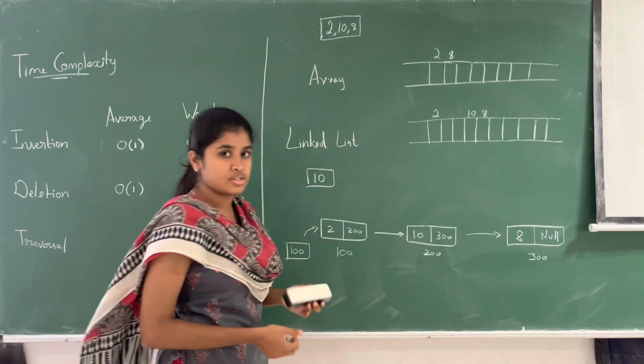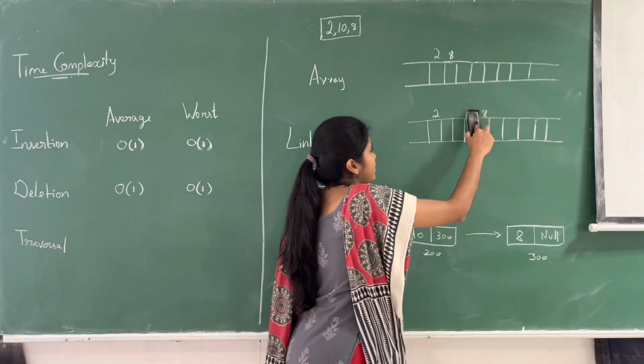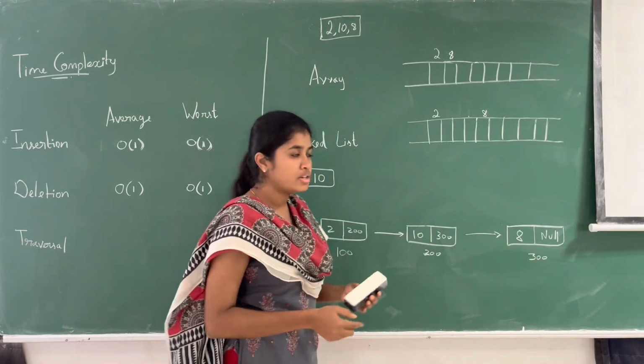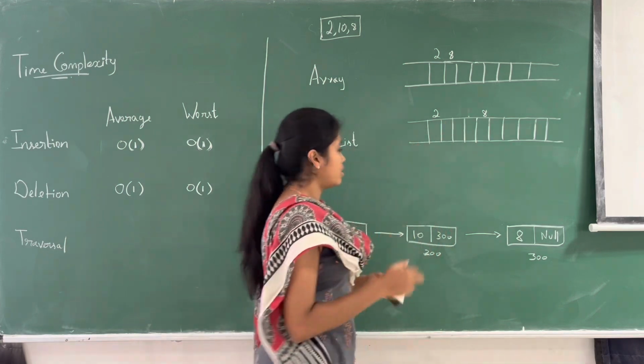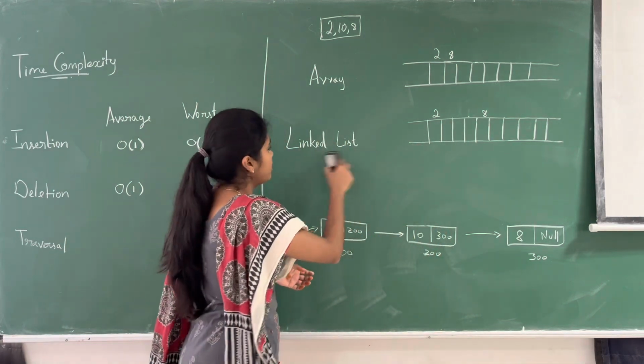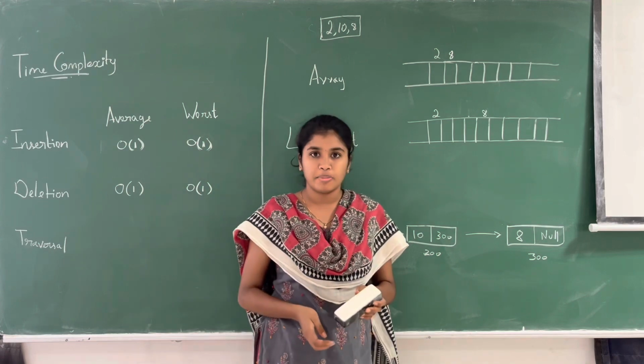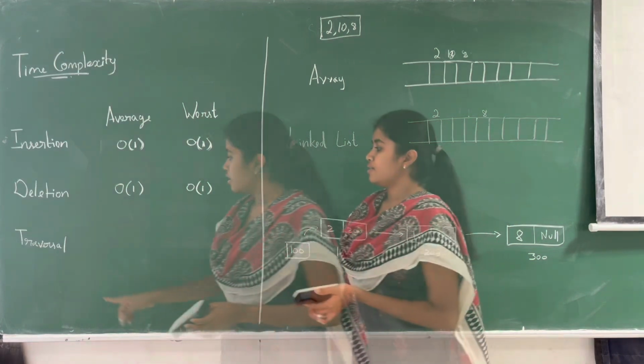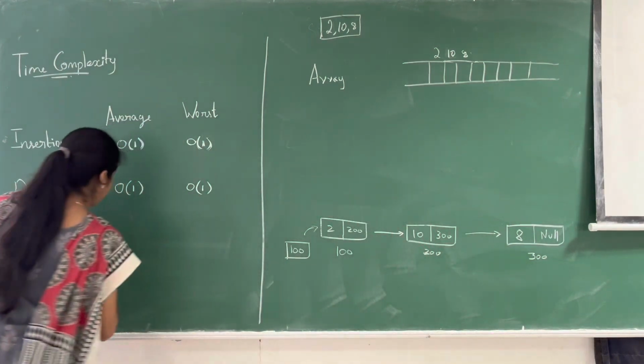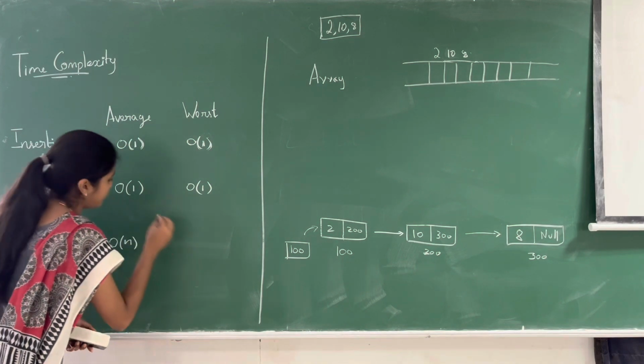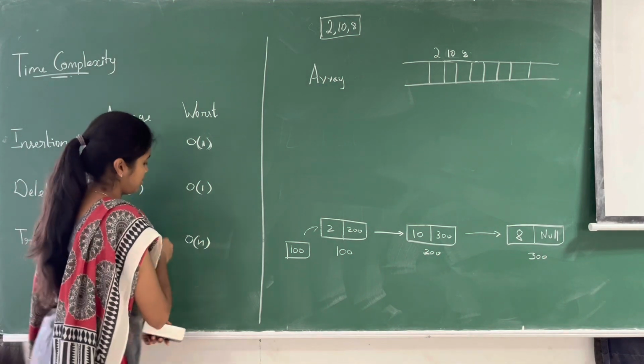Whereas in a linked list, 10 will be deleted and it is not necessary to move 8 before. This is the difference. That's why a linked list takes order of 1 time complexity for deletion. Traversal takes order of n time complexity for both average and worst case.